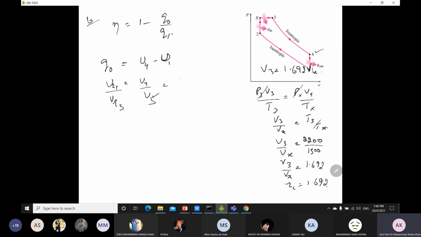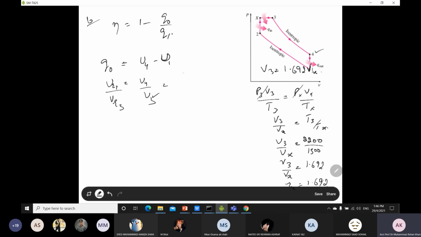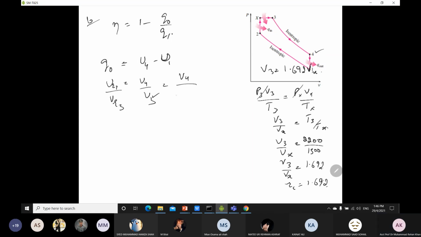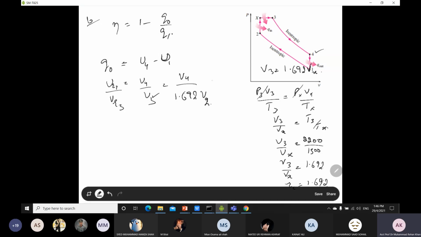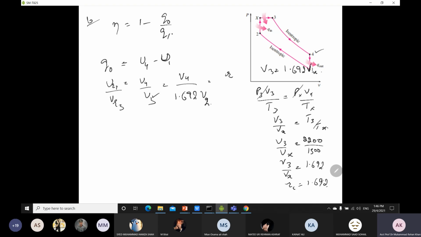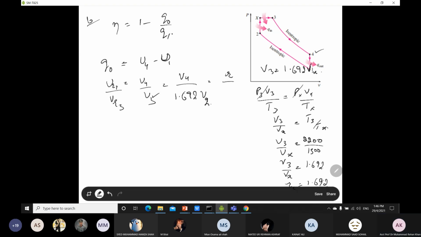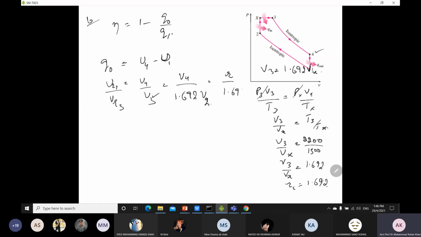So I can put V4 over 1.692, or I can also say it will be V2, because Vx and V2 are the same, and it will be equal to r over 1.692.